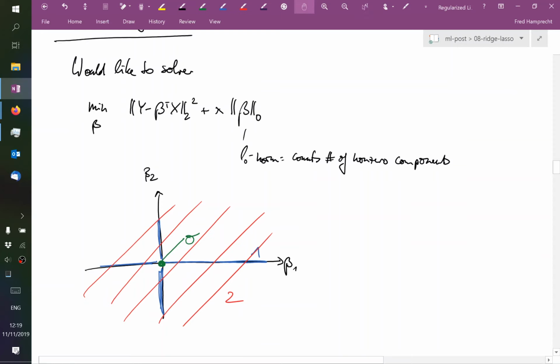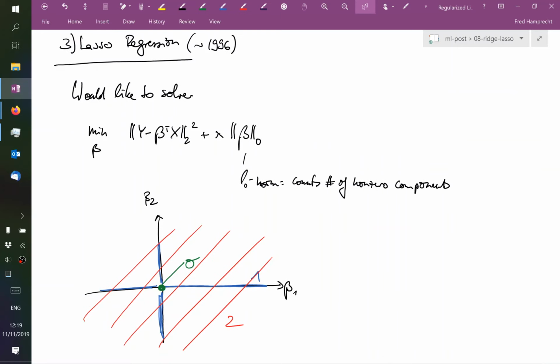And now remember that with ordinary least squares, we had already found how our sum of squares increases as we go away from our optimal parameter estimate beta hat. And we plotted pictures like this, where this is our optimal parameter estimate beta hat.